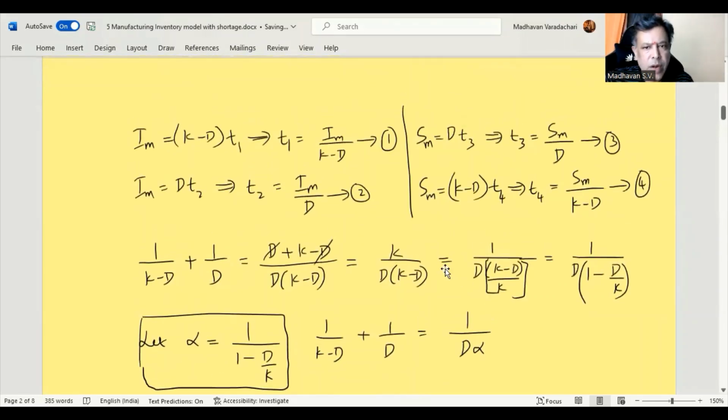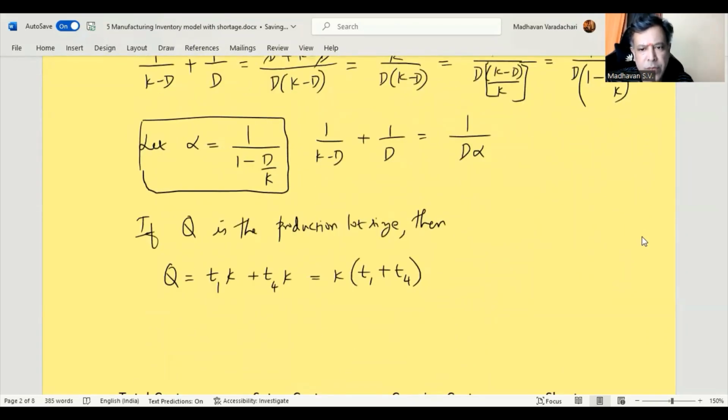Now, what is T1 and what is T4? You may notice T1 is Im divided by K minus D, and T4 is Sm divided by K minus D. Let us substitute that.